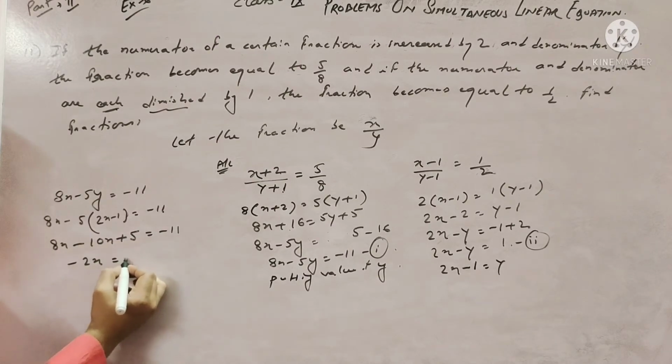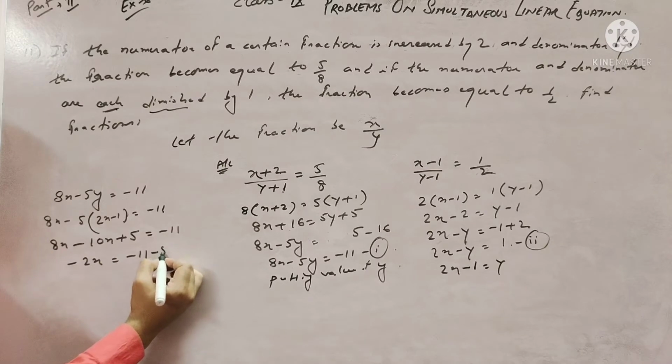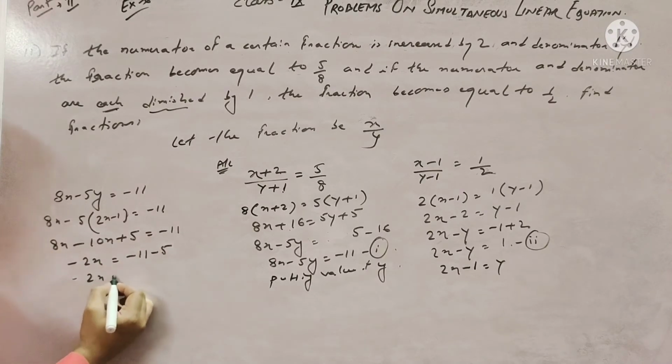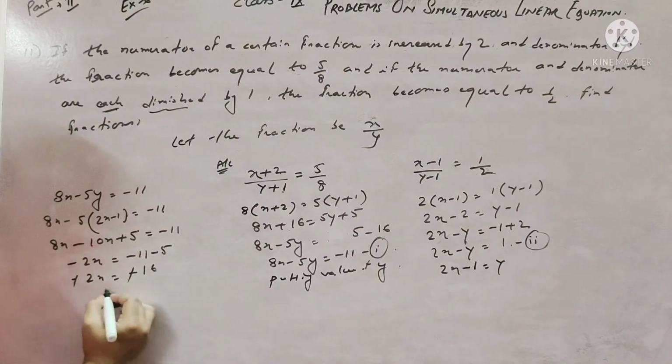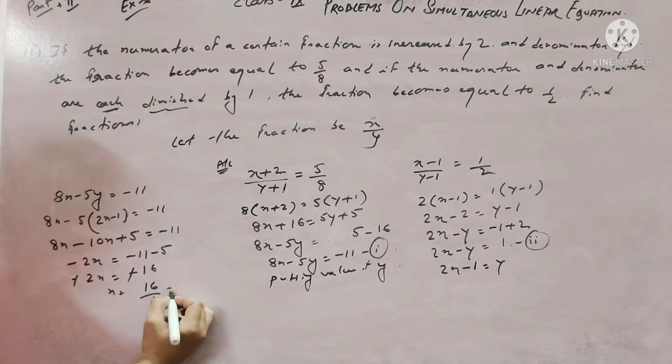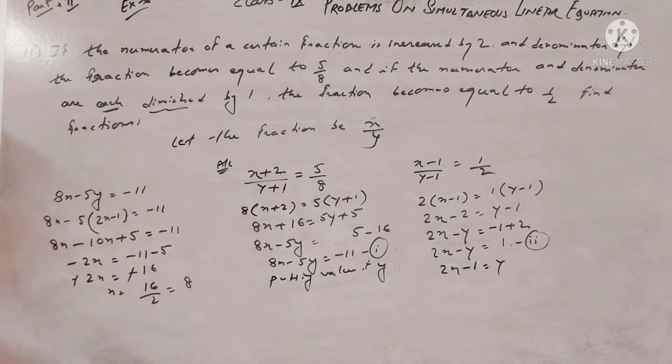So minus 2x equals minus 11 minus 5, that is minus 16. Minus cancel, x equals 16 by 2, that is 8.